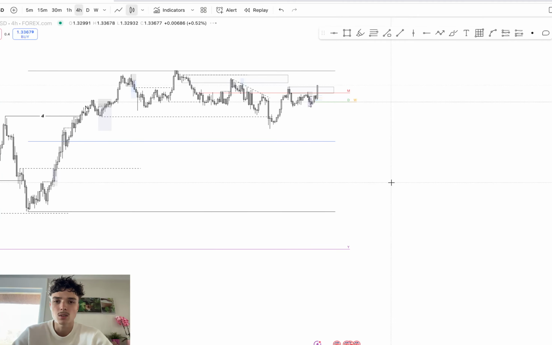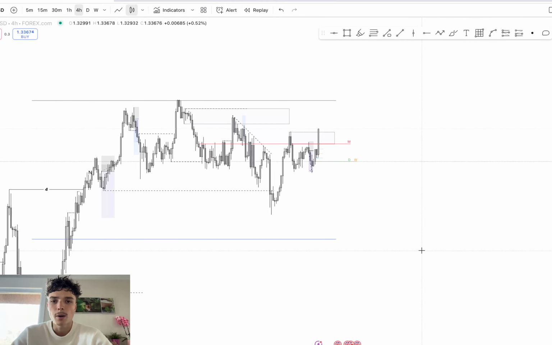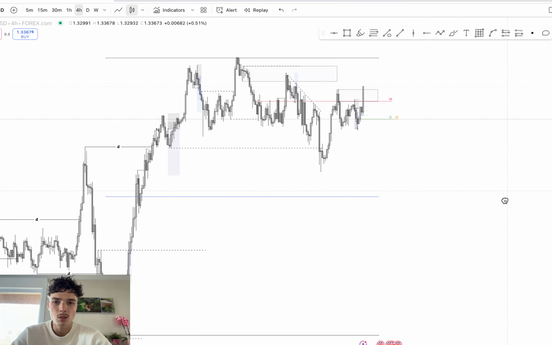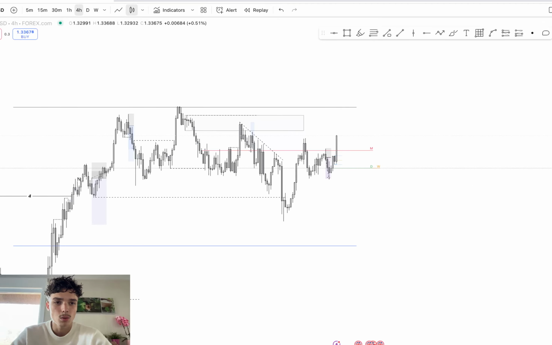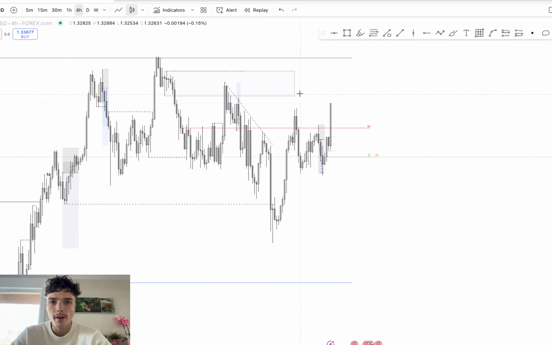We were starting to get some movement to the downside, but then I saw this demand zone here, the supply zone got broken, this liquidity got grabbed, and now I'm expecting that all of this trendline liquidity will get swiped out. So when will I short?